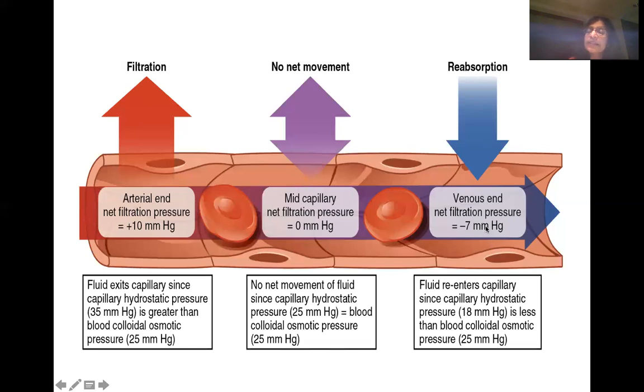Because this is less than what was filtered, it's safe to assume that some of the fluid has not made its way back to the capillary. Some of it remains in the interstitial space. All right, so about 15-20% of fluid that gets filtered stays back in the interstitial space.